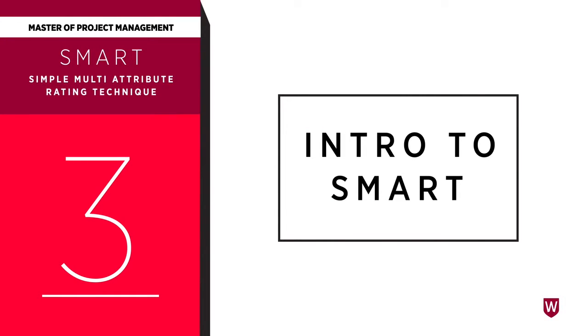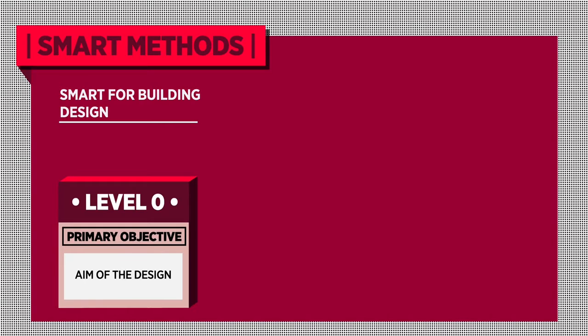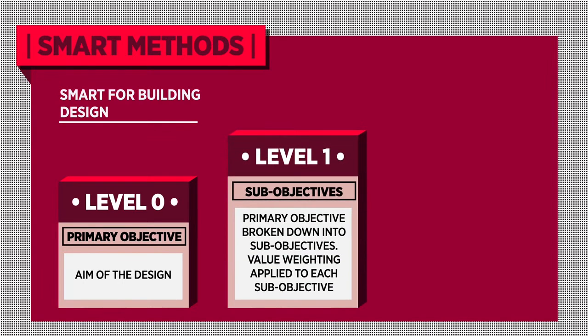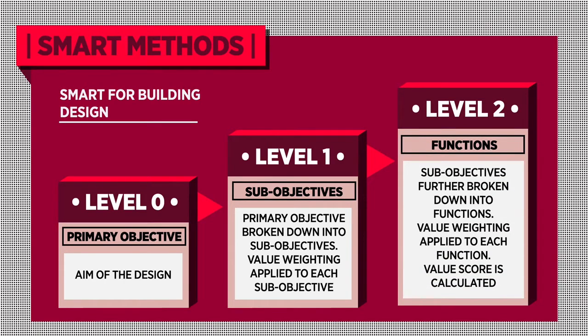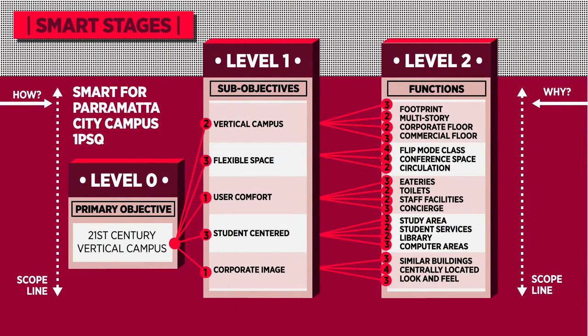When analyzing a building design, one would first want to know the primary objective or the aim of the design. After that, further objectives are evaluated. In doing so, some objectives may be classified as functions or functional spaces in a building. These are then hierarchically classified in a tree-like manner so that prioritization of the objectives or functions can be carried out.